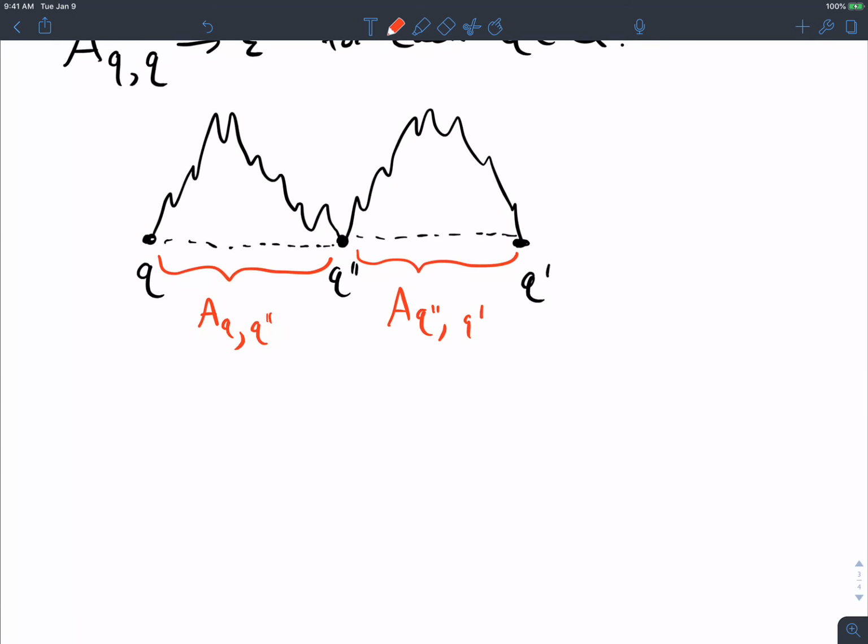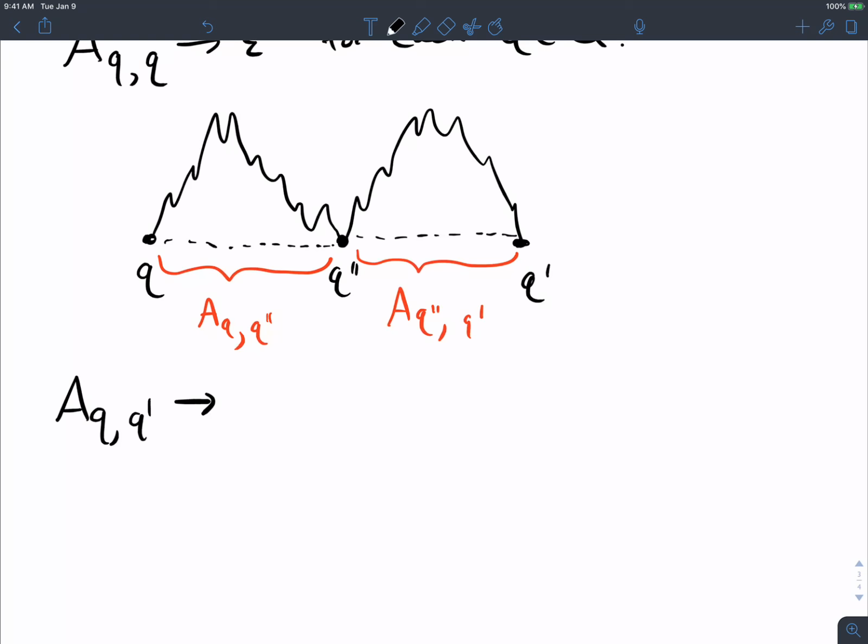Well, so what type of rule should we put here? So what is my start and what is my destination? A Q to Q prime. So I want to go from Q to Q prime. What could I replace that with in terms of what we just did? A Q double prime.